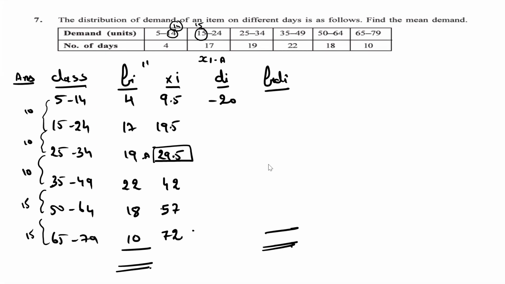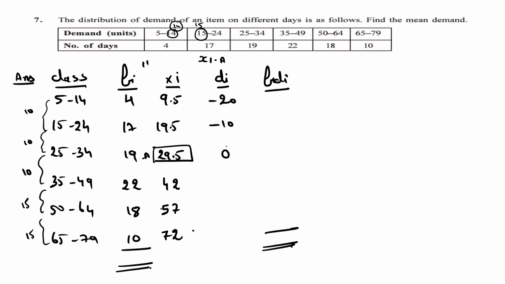Put the calci and just put the value 19.5 minus 29.5, minus 10. Then 29.5 minus 29.5 we will get 0. Clear?